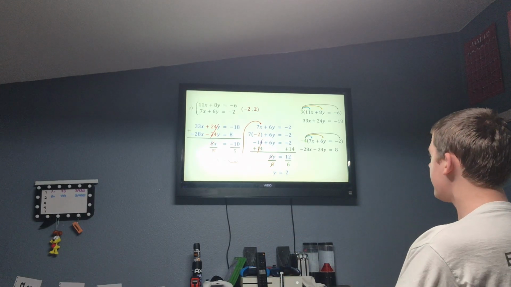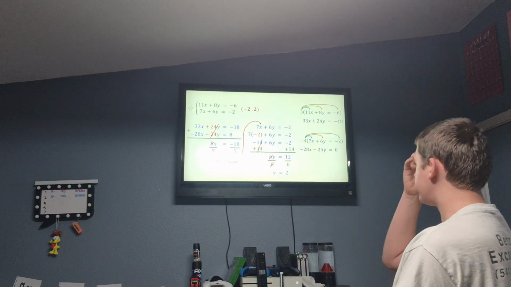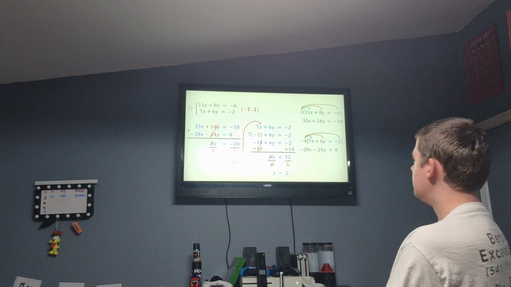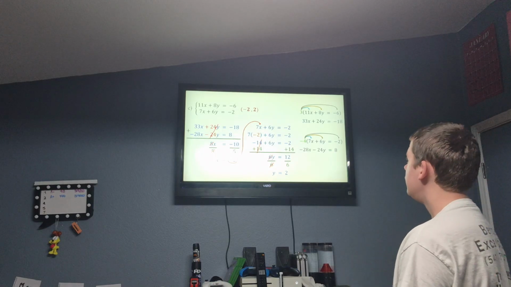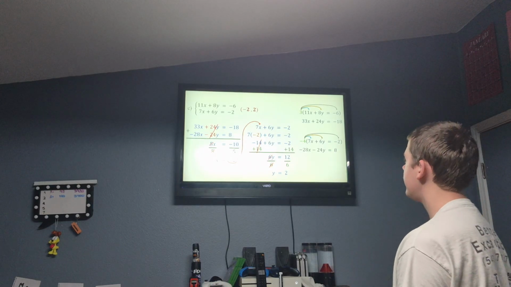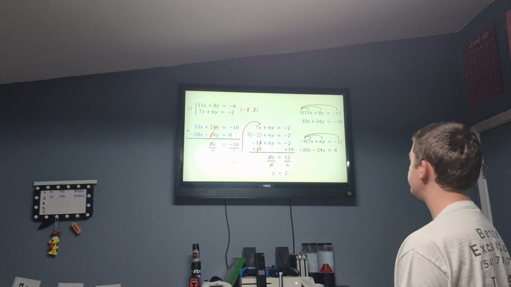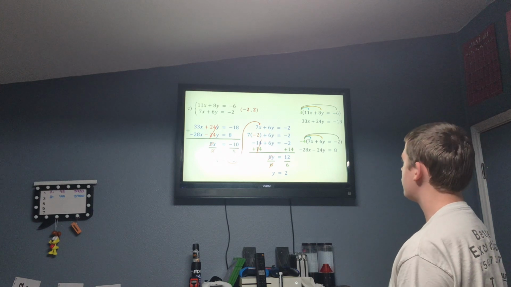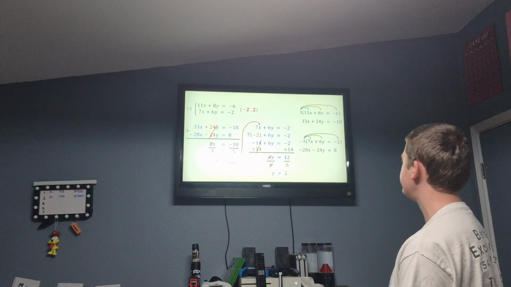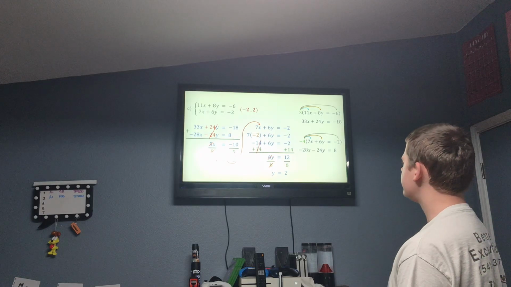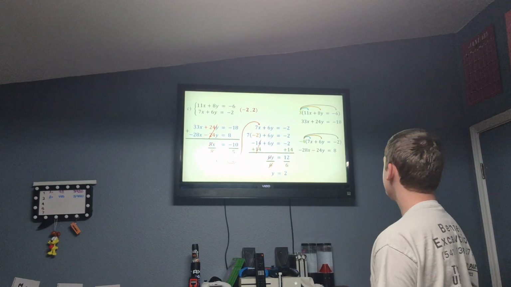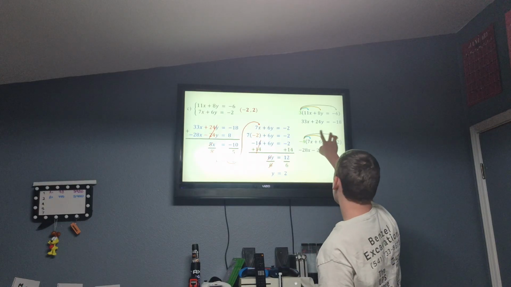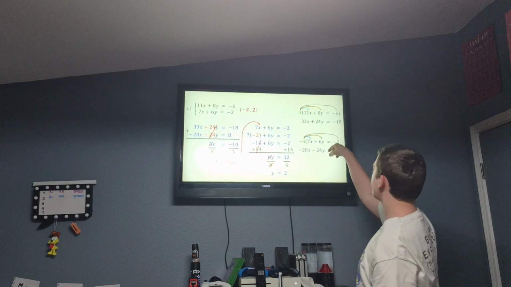So, 7x plus 6y equals negative 2. He multiplied 7 by negative 2, in parentheses. Now he has negative 14 plus 6y equals negative 2. He added 14, and got 6y equals 12. Divided by 6, he got y equals 2. He used triple rainbows again for both of these.